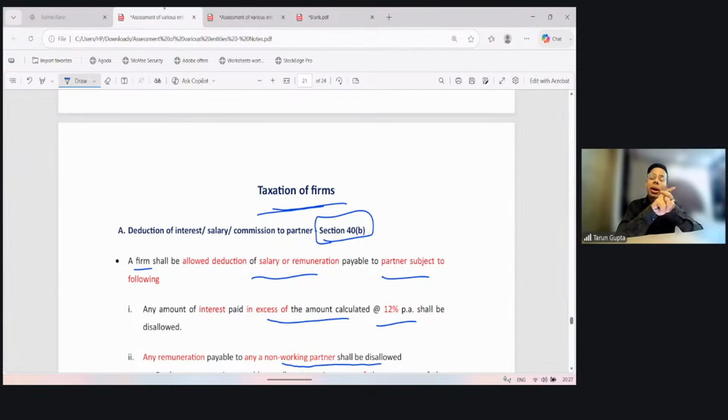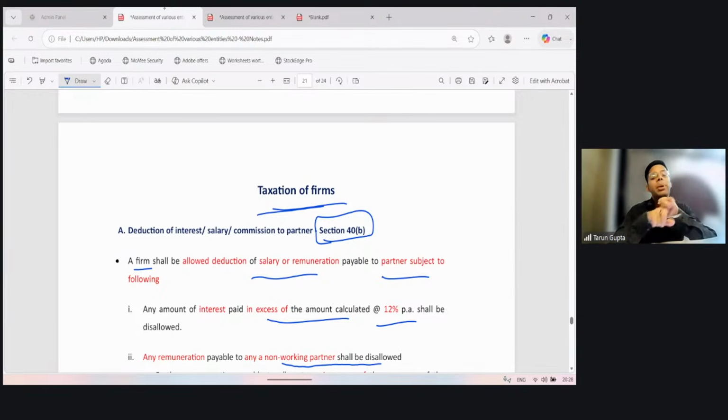But if you are an individual, HUF, AOP, BOI or artificial juridical person, then AMT is applicable if your adjusted total income exceeds rupees 20 lakh. AMT is applicable only for the old regime. If you are opting for the new regime, then AMT is not applicable. The rate of AMT is 18.5%. However, for a cooperative society, it is 15%, and for a unit in IFSC deriving income in convertible foreign exchange, it is 9%.